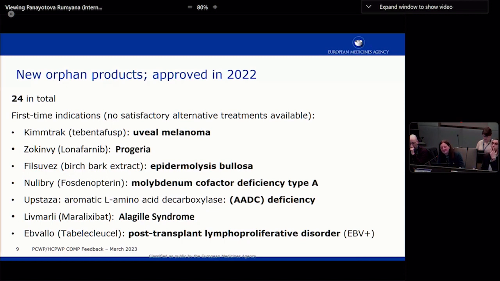So that's a good thing for the rare disease community. And this is a very broad therapeutic range, from rare cancers to hereditary disorders, and I think Mencia discussed upstasa, but there is also epidermolysis bullosa, the blistering disease, and I think the patient input was very important here at the CHMP.